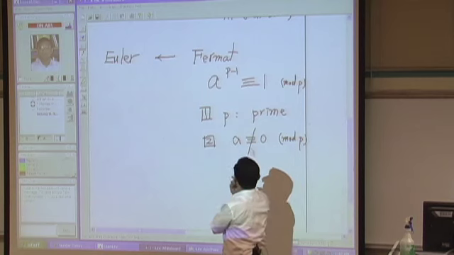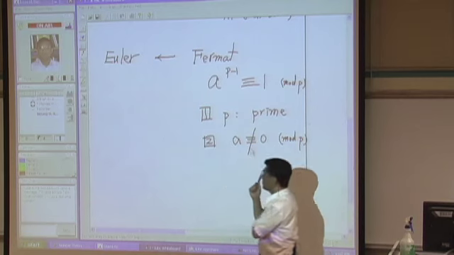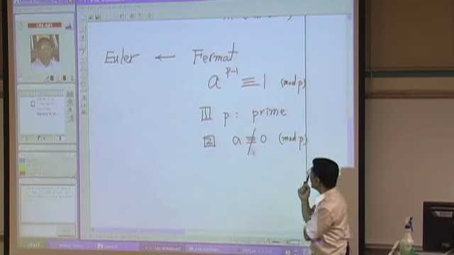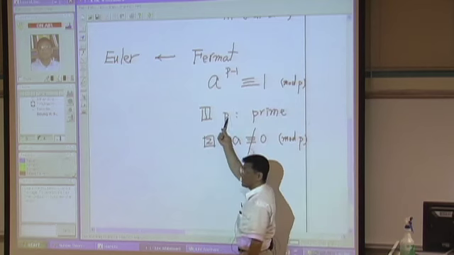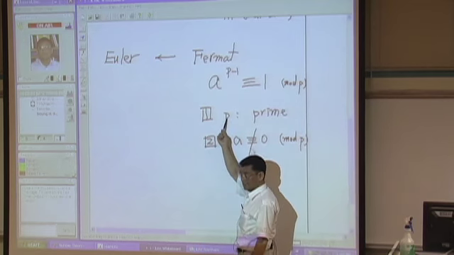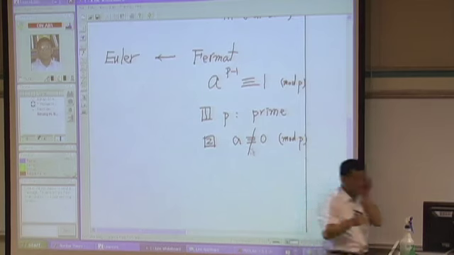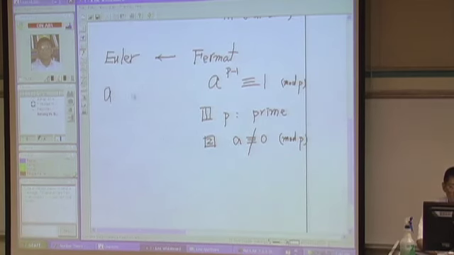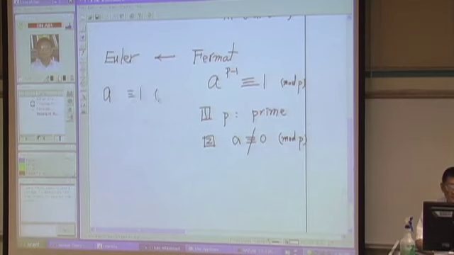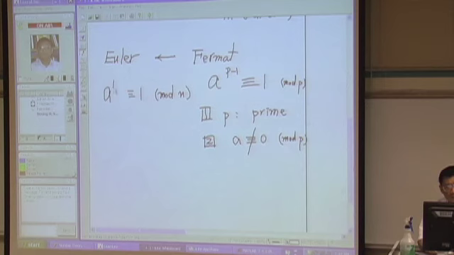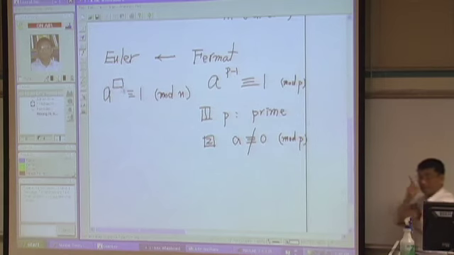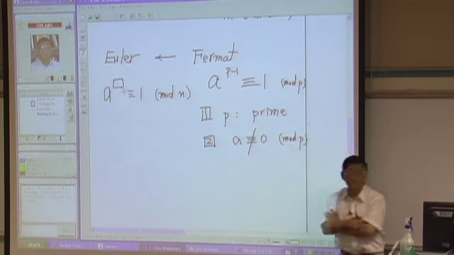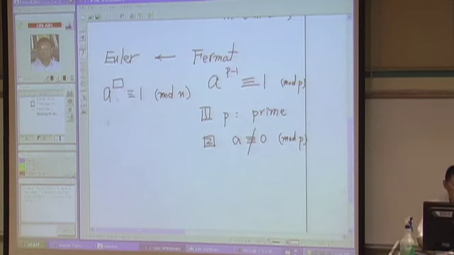But what if we want to develop something like this for general modulus instead of prime modulus? So if you have n, can we have some similar fact as this one? If we use this thing, then we can relax the condition.